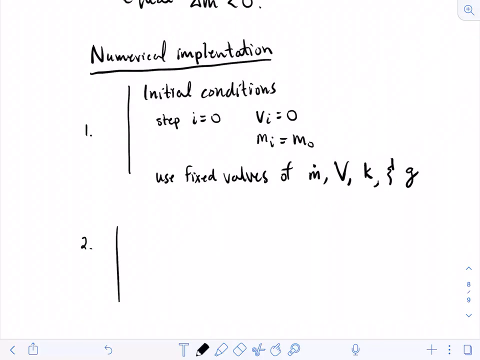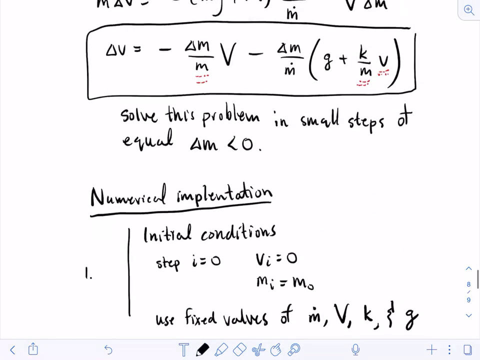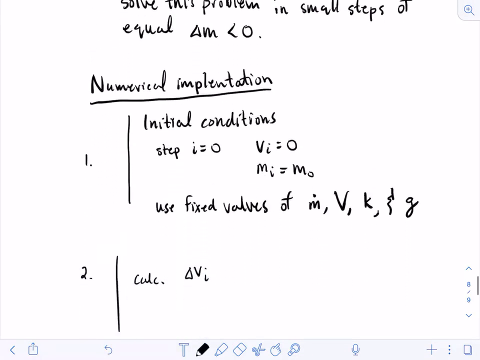Okay, so what we'll do then is we'll have those initial conditions, and then we'll calculate the change in velocity for step i. The change in velocity is going to be equal to minus delta m over the mass at step i.